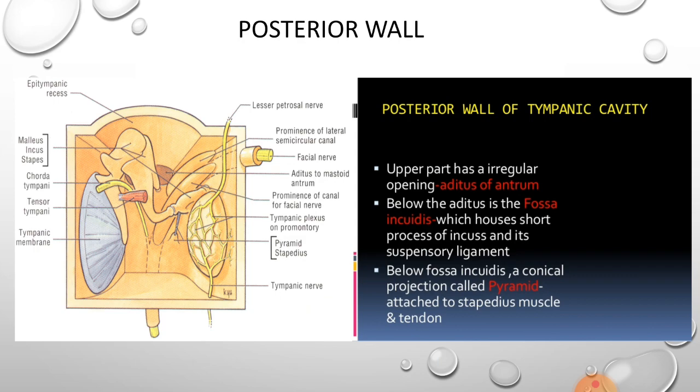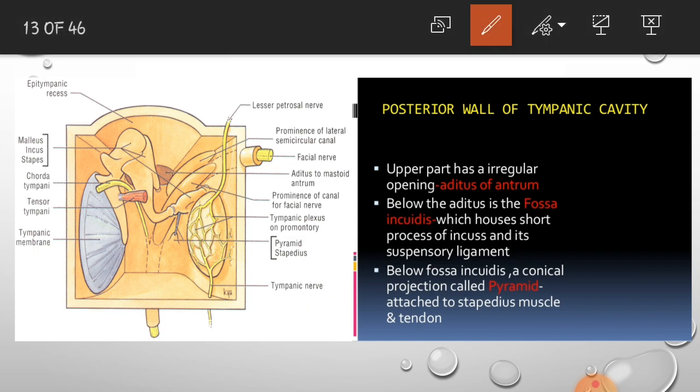Now we come over to the posterior wall of the tympanic cavity. The posterior wall has an irregular opening called the aditus to the antrum. This brown portion that you see here is the aditus to the antrum.